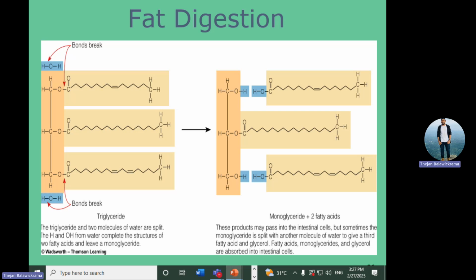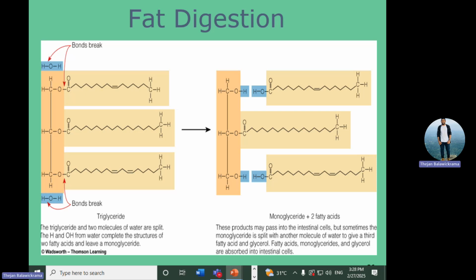We need water molecules, and what is happening? The H-O bond is broken, and each C-O bond is broken. So that is how this process happens.